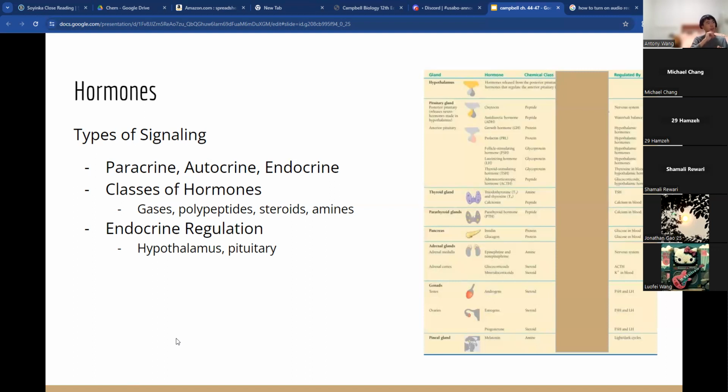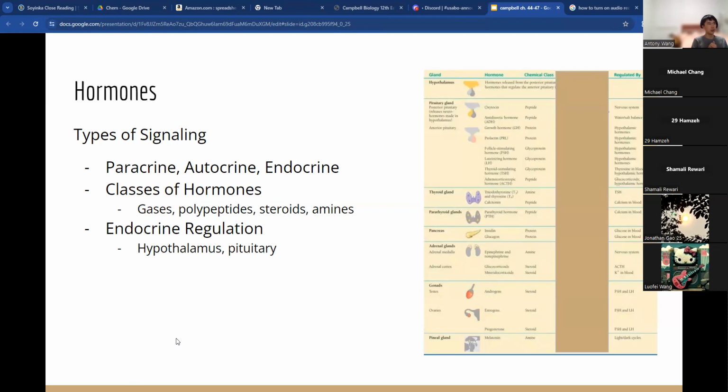But paracrine releases molecules that have effects on nearby cells. Autocrine signaling is like the stomach secreting gastrin, right? It secretes into the bloodstream, it circulates around, and then it acts back on the stomach. So autocrine, a cell secretes something that acts on itself.